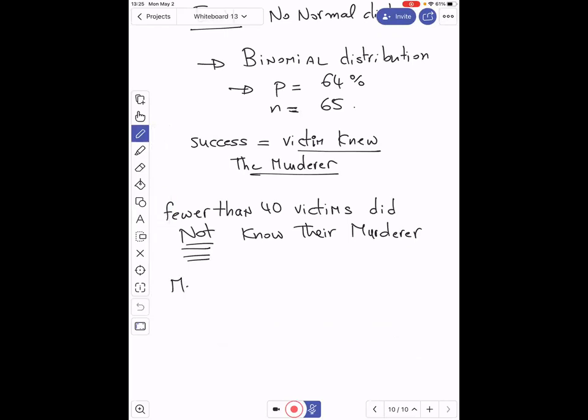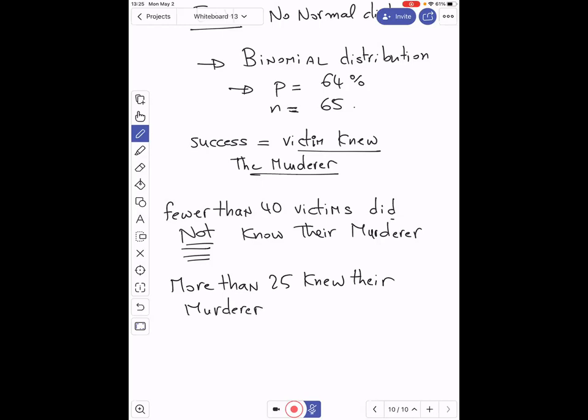We have 65 unsolved murders, so if 40 victims did not know their murderer, then more than 25 knew their murderer.